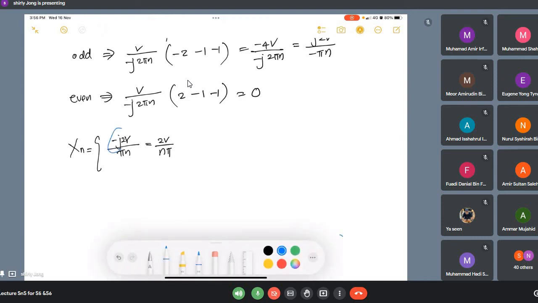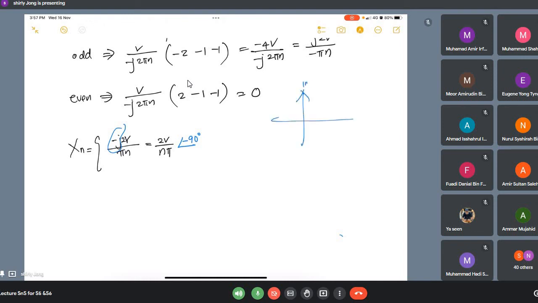This minus j here actually refers to the -90 degree, because this is the imaginary. So this is for n equal to odd. And when n is even, you will get 0.